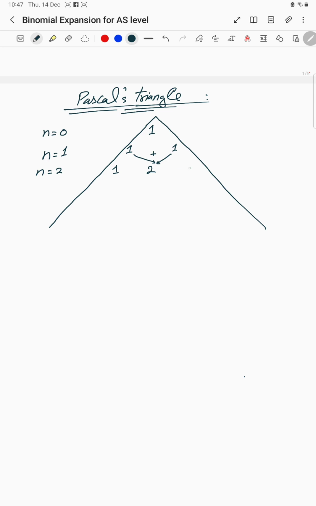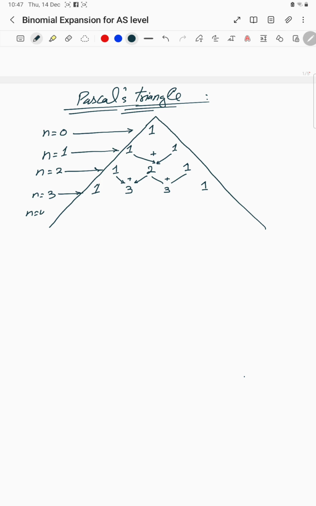You will see 1 as well. Next it will be 1 here when n is 3. I can put arrows to make it clear. So what is 1 plus 2? That is 3. I will write 3 here. Then 2 plus 1, again we have 3, and then corner 1.